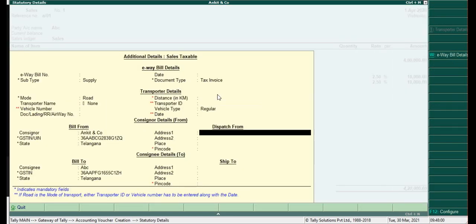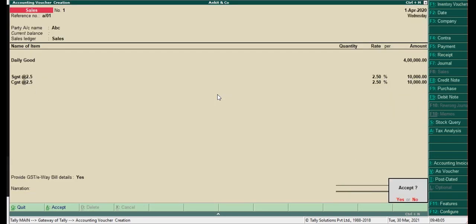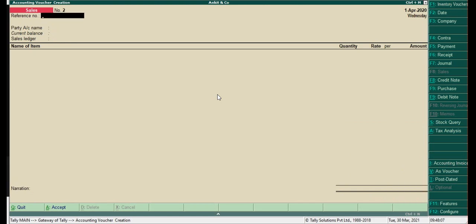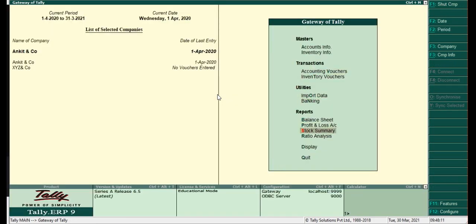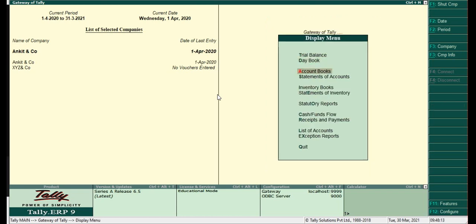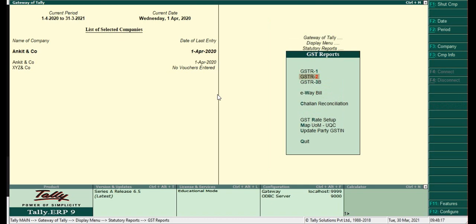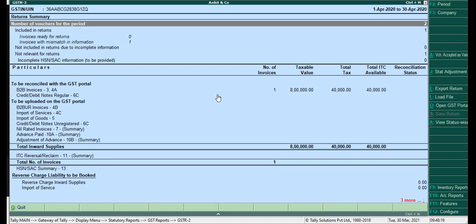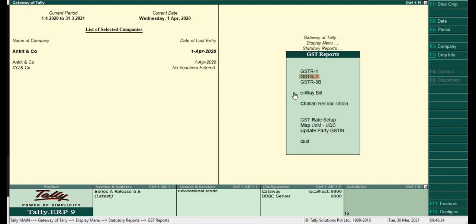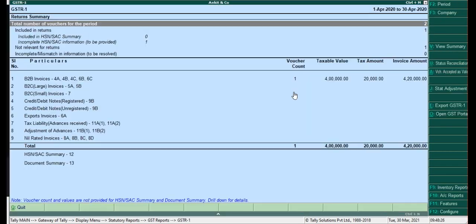Now where can we see all these transactions? Escape. We'll go to display. There you have statutory reports, GST. GSTR2 will deal with purchases, what we have purchased, 8 lakhs, and GSTR1 will deal with sales, what we have sold.